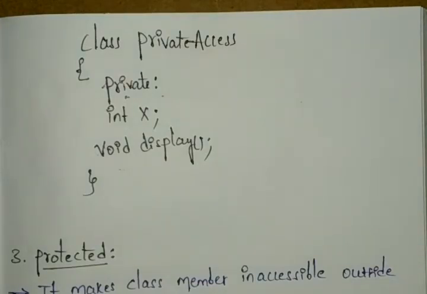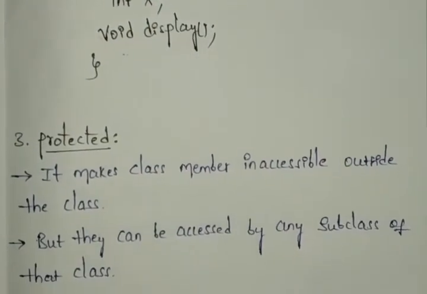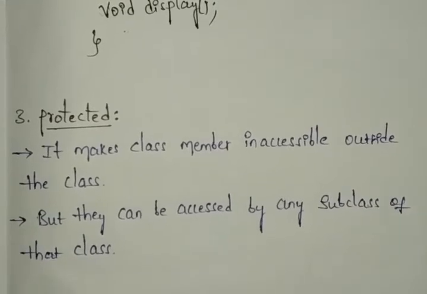Next we have the third one, protected. Protected is also similar to private. Here we are giving protection to ourselves. If you use a password on your mobile, we are protecting our mobile.